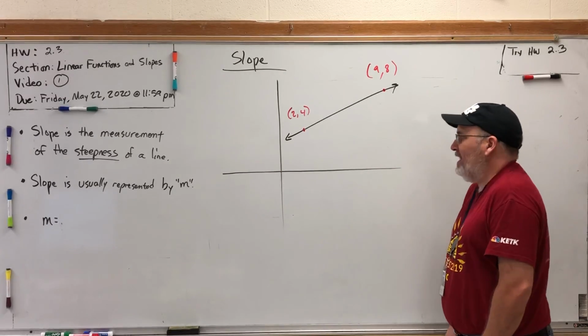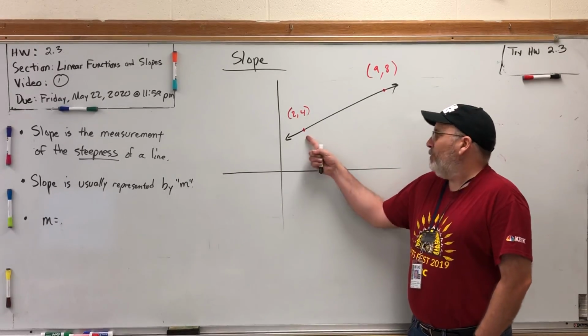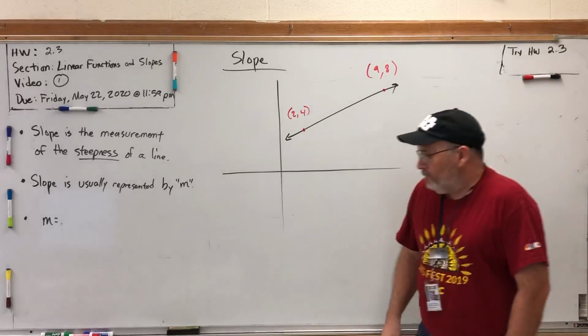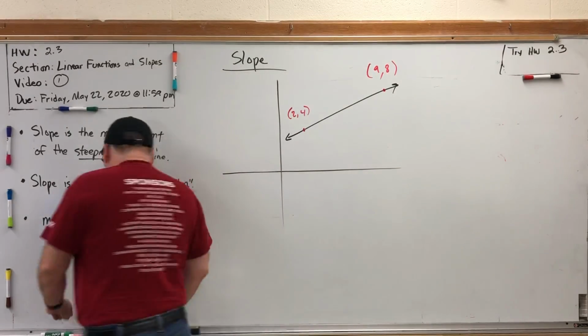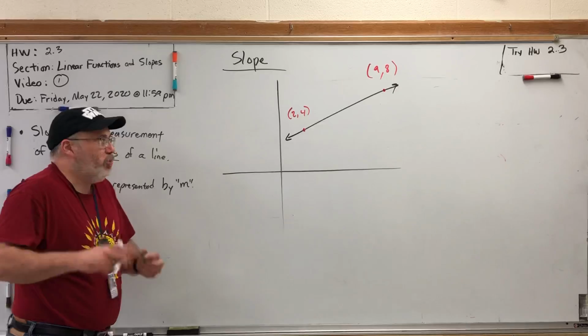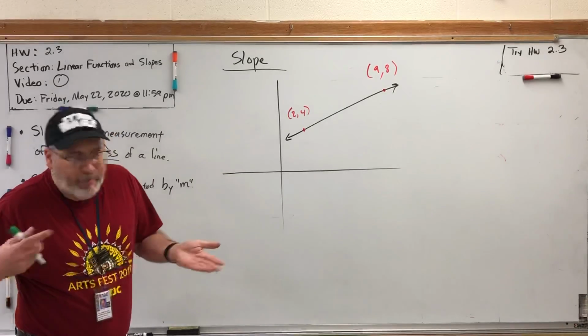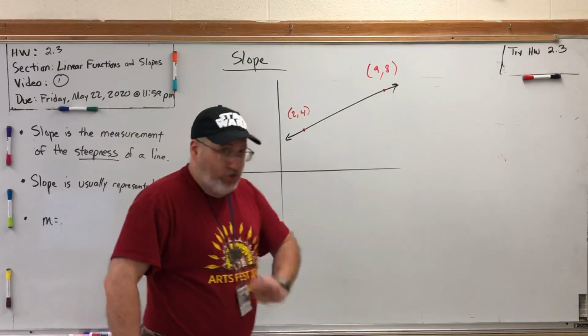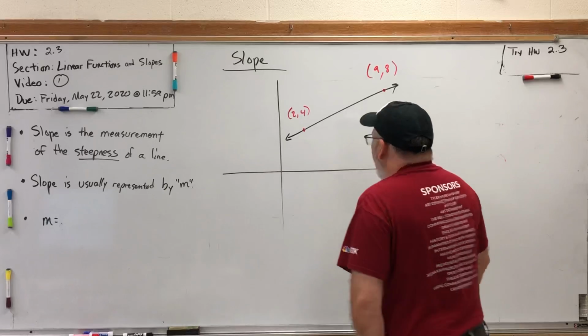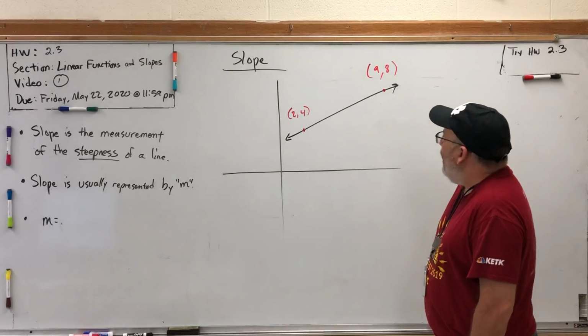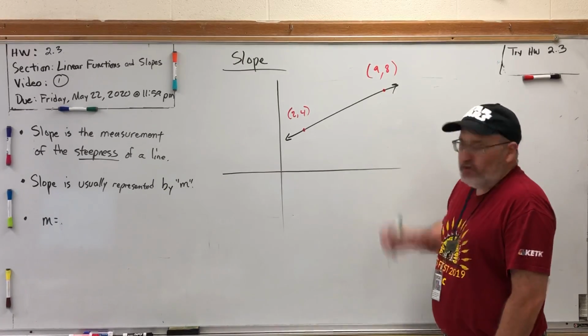On the board I have a line that contains the points (2, 4) and (9, 8). If we're attempting to measure how steep the line is, there's a few ways to go about it, one of which I mentioned is to measure an angle, but we're not doing trigonometry. Another way is to compare two measurements between these two points.